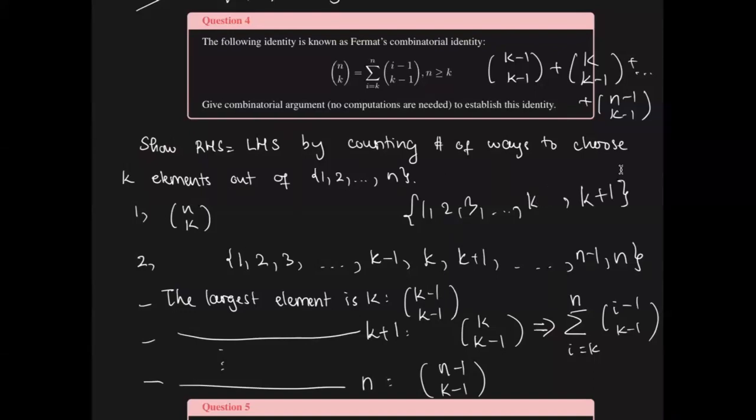Or if we skip k minus 1, we choose 1, 2, 3 up to k, but we don't include k minus 1, but we include k plus 1, then the largest element is still k plus 1. So the largest element is just the biggest number from the set of k elements that we chose.